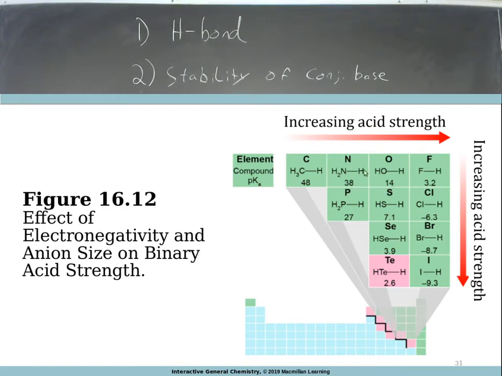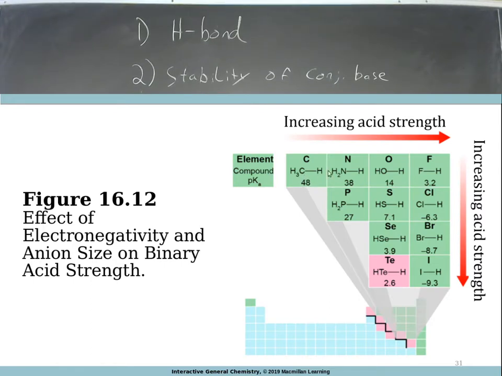And ammonia, NH3, we usually think of it acting as a base, but it can donate a hydrogen. It just has an extremely weak pKa of 38. And then methane is technically an acid as well. Its pKa is so small that it might as well not be an acid at all, pKa of 48.